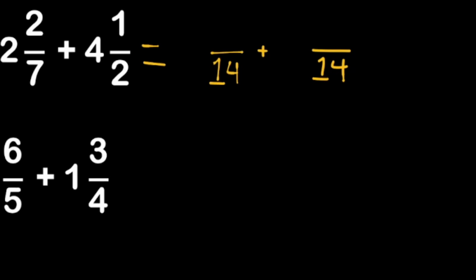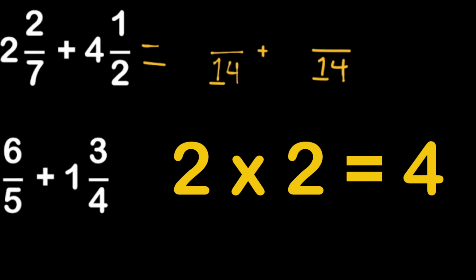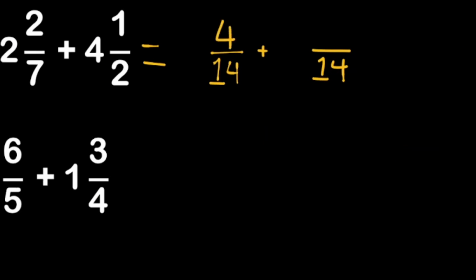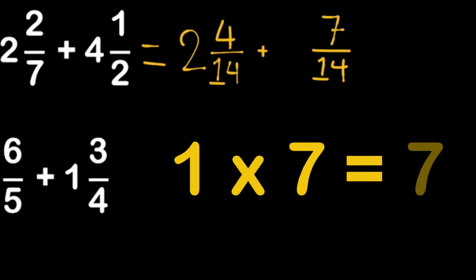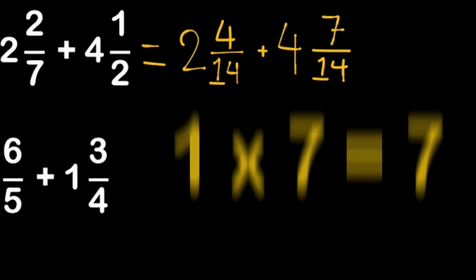So we need to multiply the numerator 2 by 2 to get 4. Whole number stays as it is. As for this one, to get 14, we multiply 2 by 7. So we have to multiply the numerator 1 by 7 to get 7. Whole number stays as it is.